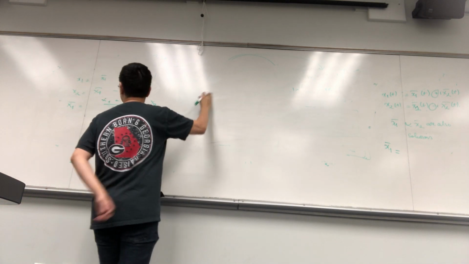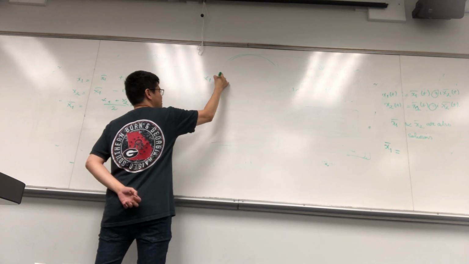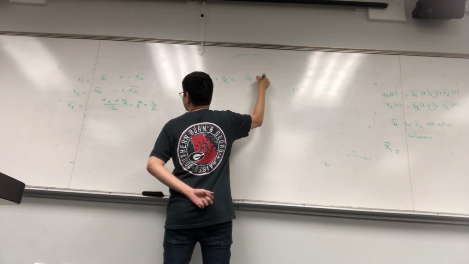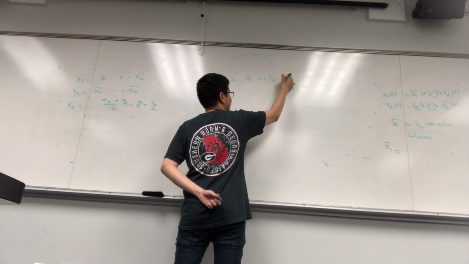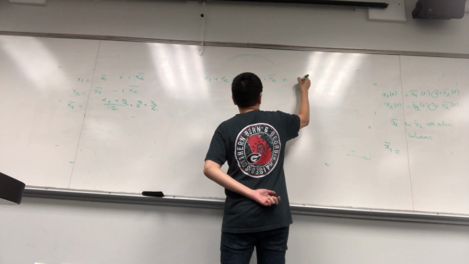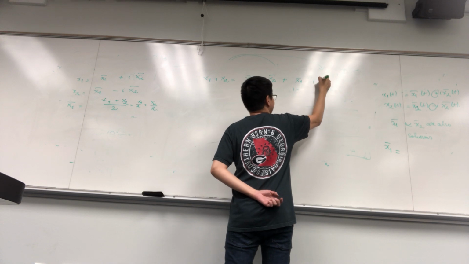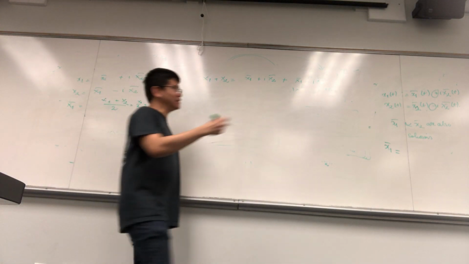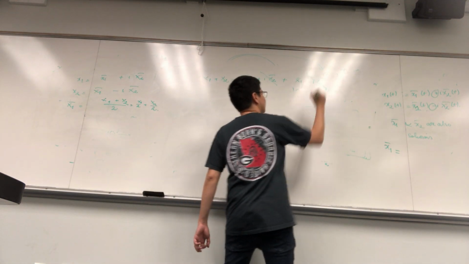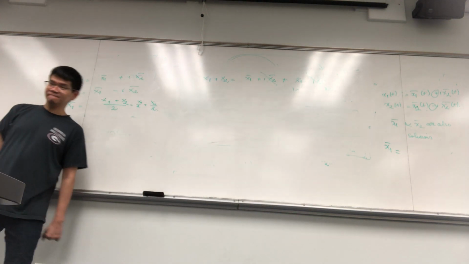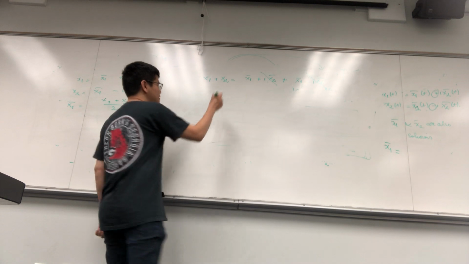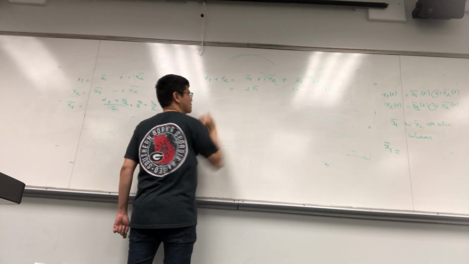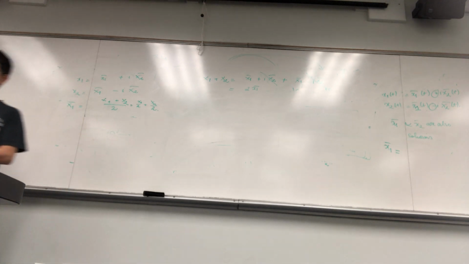So how do you see that? You have x1 plus x2 will be x1 bar plus i x2 bar plus x1 bar minus i x2 bar. Right? You take the sum and the two minus signs will cancel. So x1 plus x2 will give you 2x1 bar. It's good.